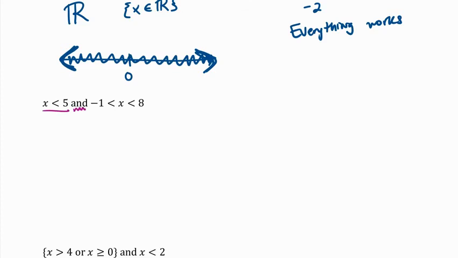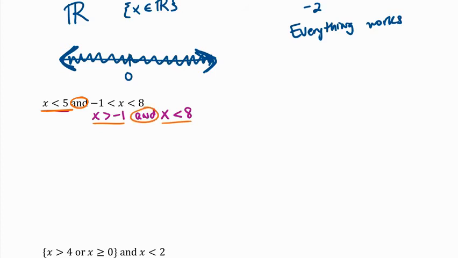And then our others, let's see, we've got x is greater than -1, and, because anytime we see an inequality where the x is in between, that's an and, x is less than 8. Okay, so this time I have 3 different pieces. I've got the less than 5, greater than -1, less than 8, and they're both ands.